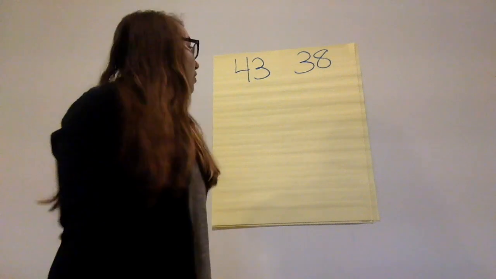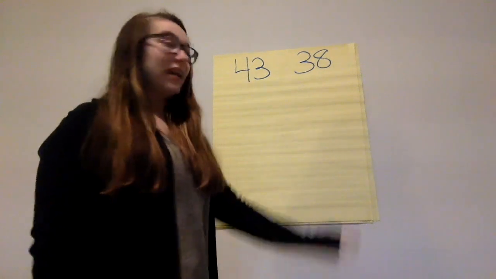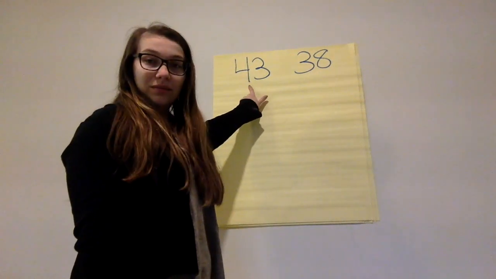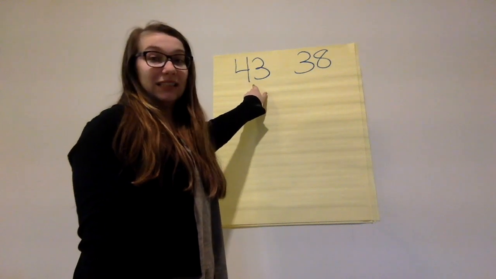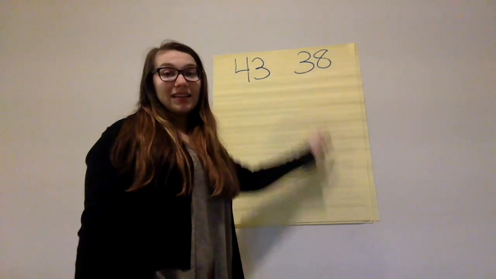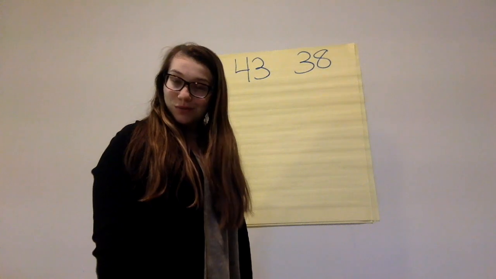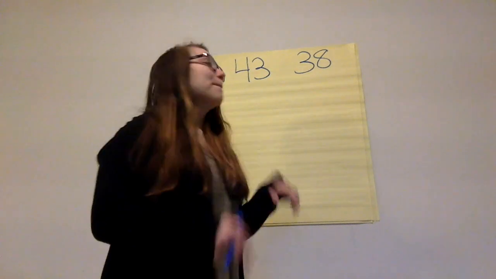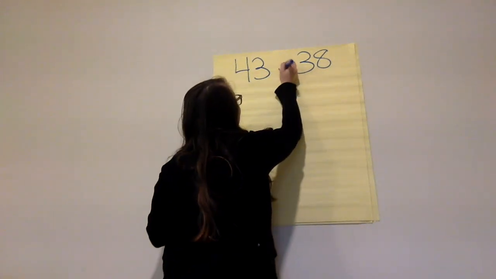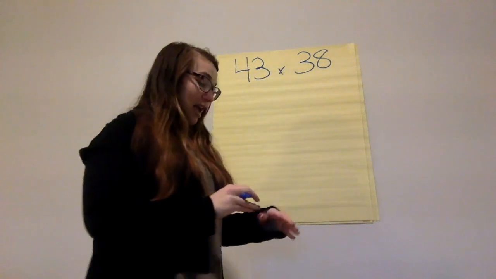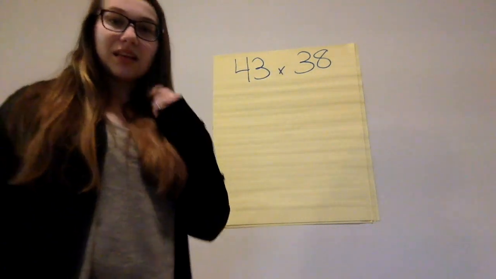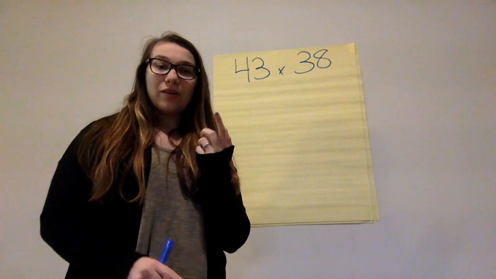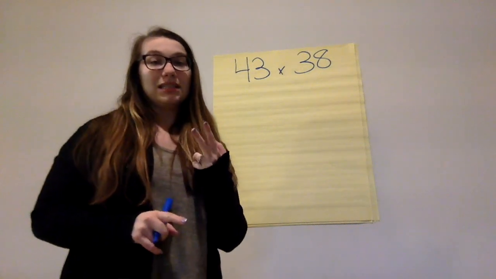First off, we'll look at the equation. We have 43 in each pack, and I got 38 packs, so what do we need to do? I heard it, multiply 43 times 38. Now, we've looked at area model, we've looked at partial products.